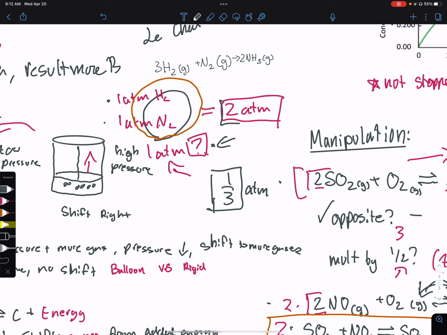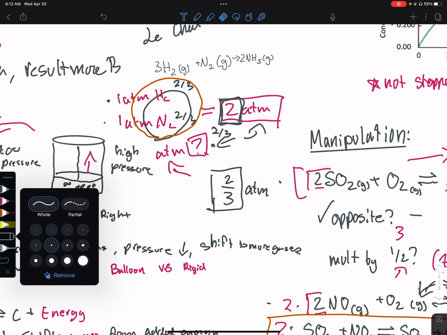But the total is still 2. Well, actually, no, it would be 2/3 ATM. Sorry, my bad, 2/3 ATM. The total is still 2 because if you took 2/3 plus 2/3 plus 2/3, it would still add up to 2, because we added a third gas. It's essentially what it is.